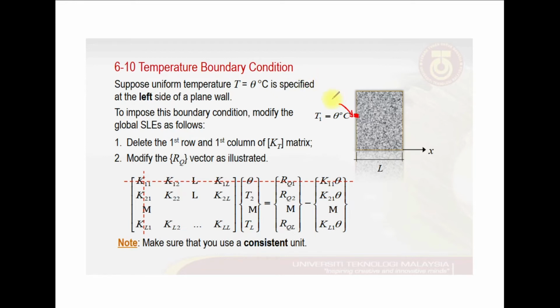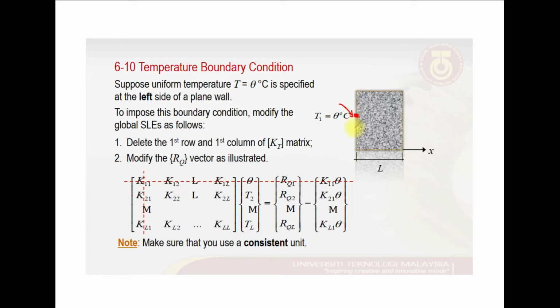For example, suppose uniform temperature T, which is equal to theta degrees Celsius, is specified at the left side of a plane wall.